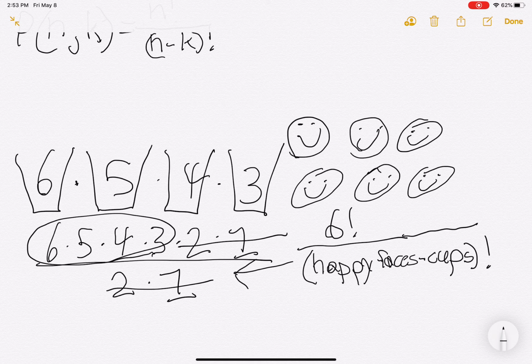6 times 5 times 4 times 3. That's equivalent to 360, I believe so. So the number of possibilities equals 360. Okay.